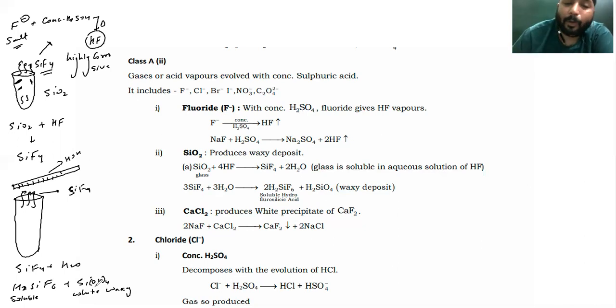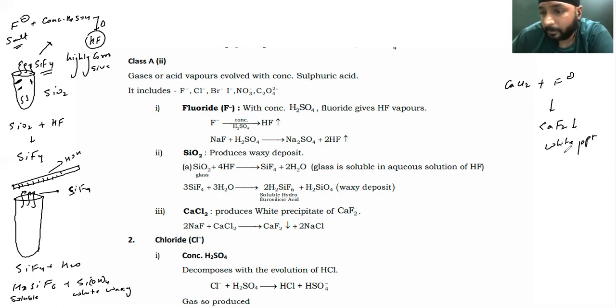Now understand, one more confirmatory test is there with calcium chloride. Put calcium chloride solution inside it. The fluoride will react to form calcium fluoride, which is a white PPT. So this is all for the test for F minus, right? The F minus test they are not asking, but there are certain things which you should know.